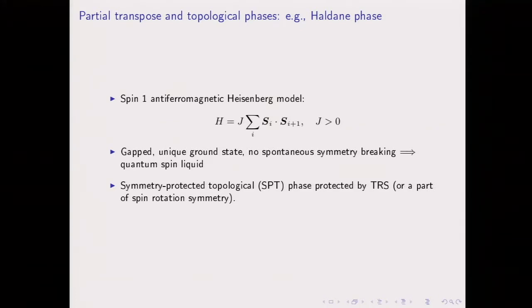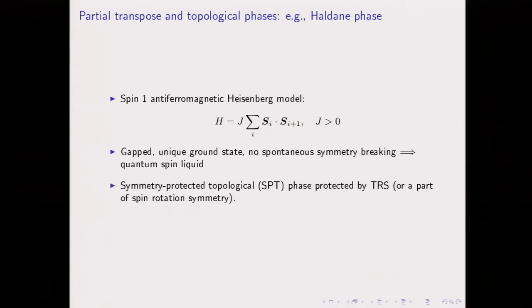And as it turns out, it is an example of a topological phase, or in more technical terms, a topological phase protected by symmetry. So it's a trivial phase in the sense that if you don't impose any symmetry, you can continuously or adiabatically turn the Haldane phase into a simple product state.